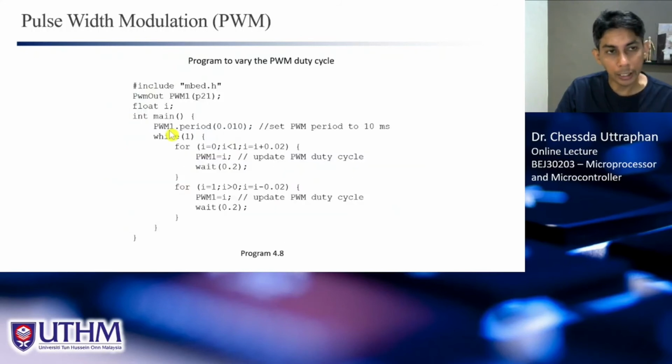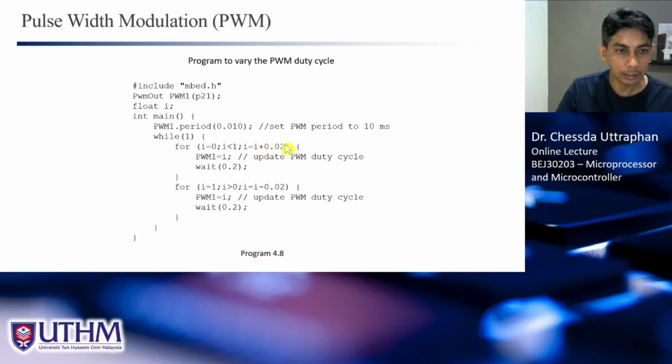And we can have something like this, where we can change the duty cycle of the PWM signal that we created. This is using a for loop, where we vary the PWM signal from 0 to 0.9, right?